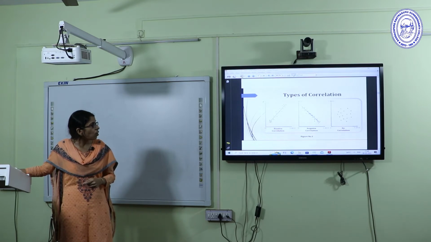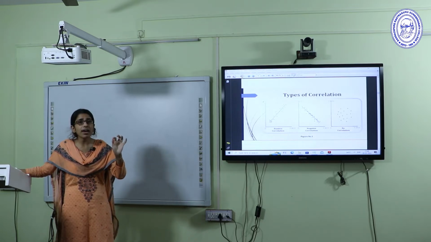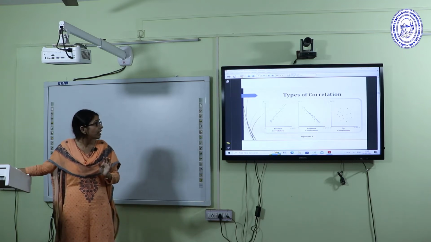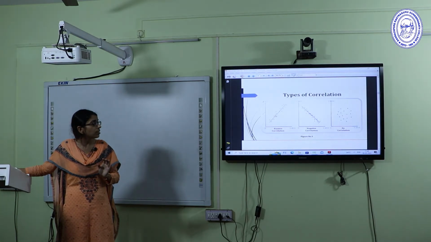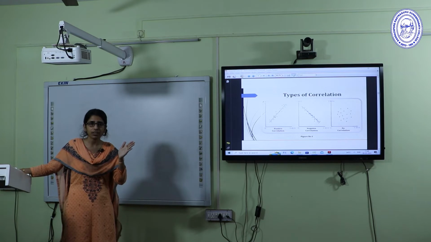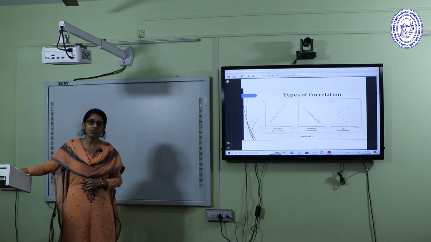So, if we plot the correlation between the y variable, that is the dependent variable, and the x variable, that is the independent variable, then when one increases, the other also increases, and it shows a positive slope or positive direction. This type of correlation is called positive correlation.